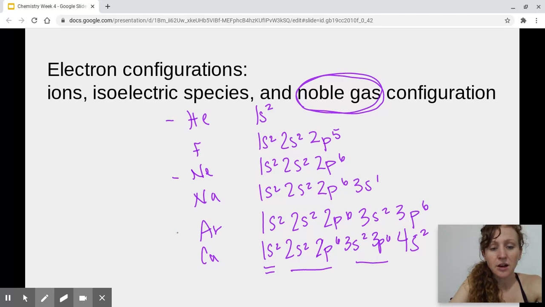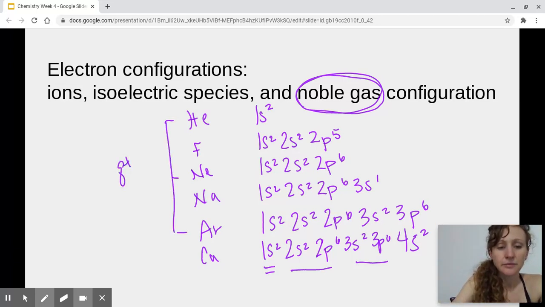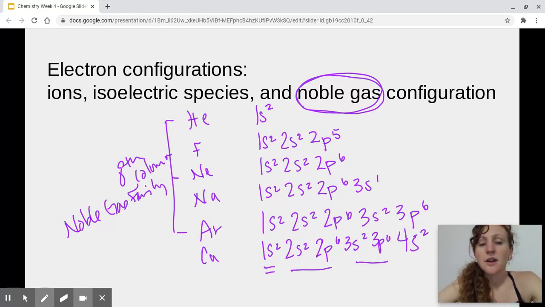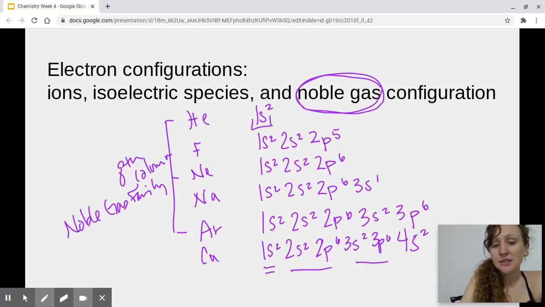Helium, neon, and argon are all in that 8th column. So they are in the noble gas family. And notice the noble gas family, like we talked about before, always has S and P shells completely filled.